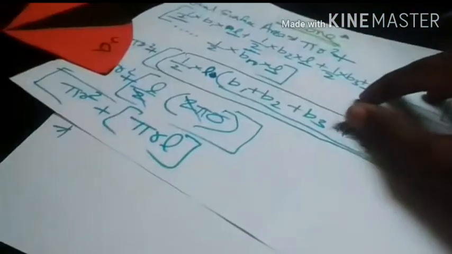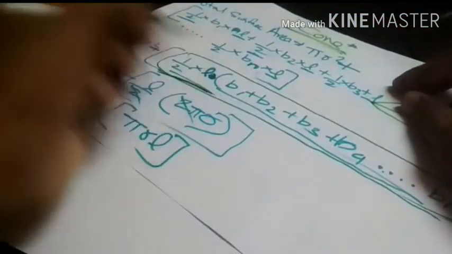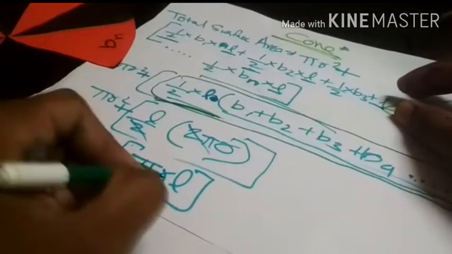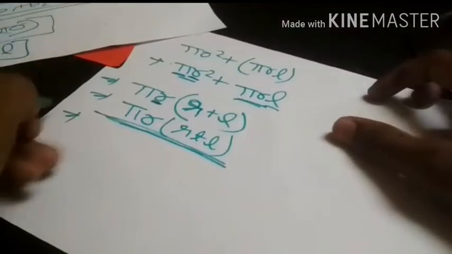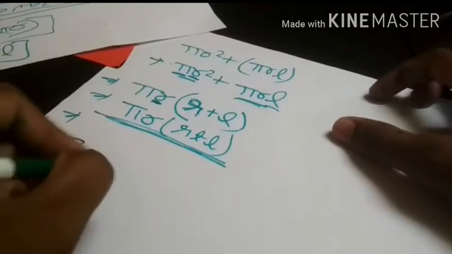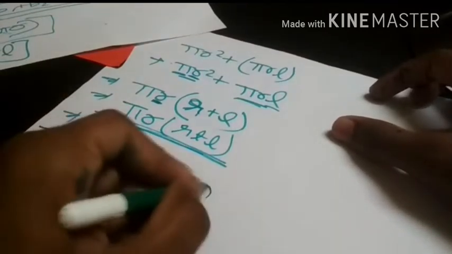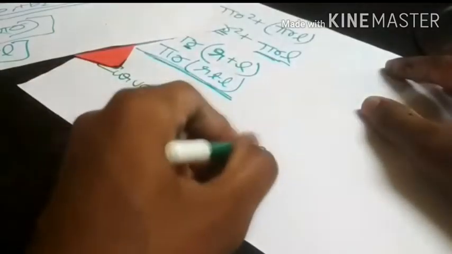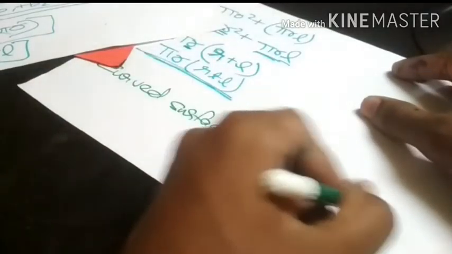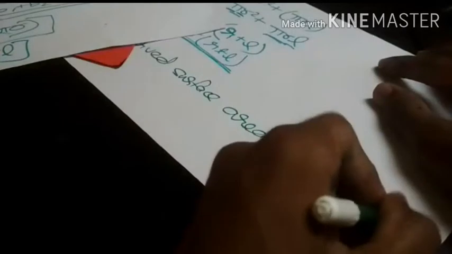We can take the value of this from here. If we solve this, what was the answer? Pi r L. So this is absolutely the curved surface area. Curved surface area of cone is equal to pi r L.